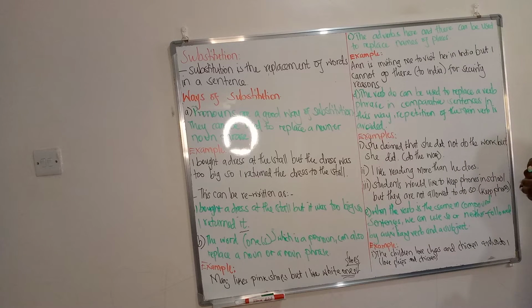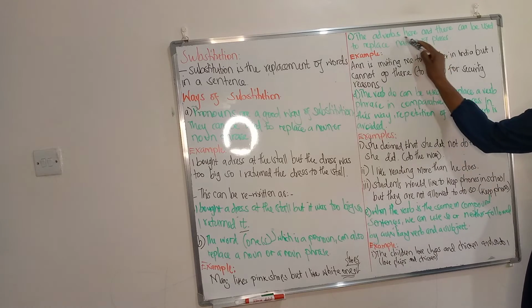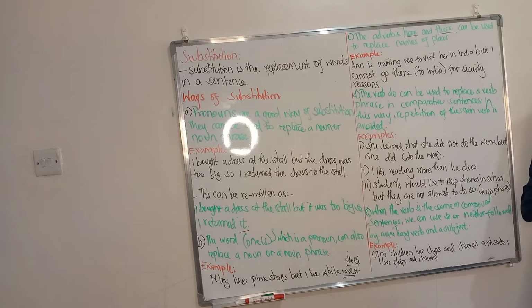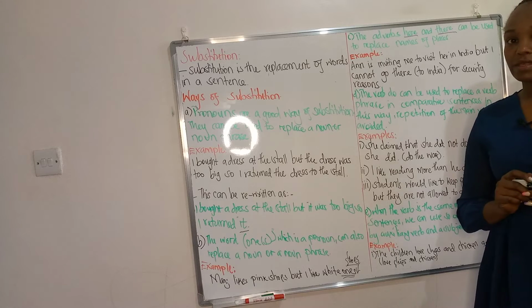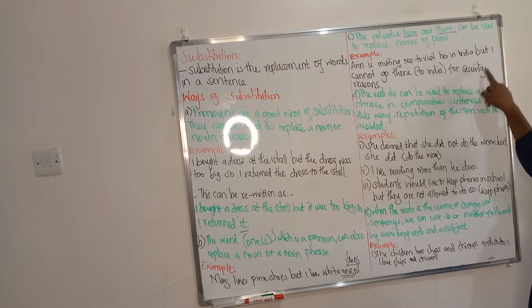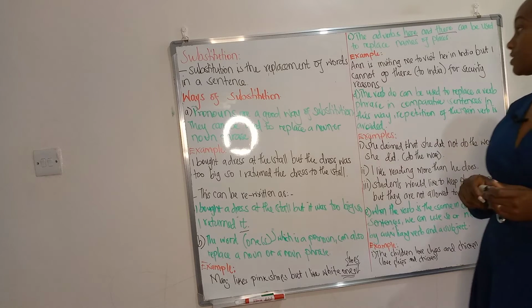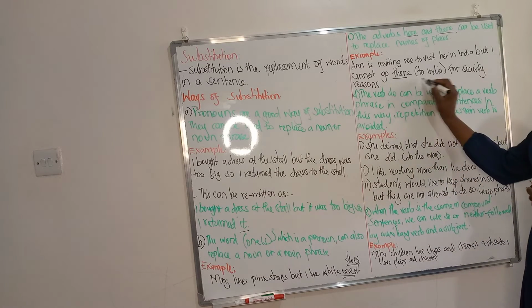Now, our third way of substitution, the adverbs here and there can be used to replace names of places. Like in the following example, Annie is inviting me to visit her in India, but I cannot go there for security reasons. Now, there here has been used to replace to India.